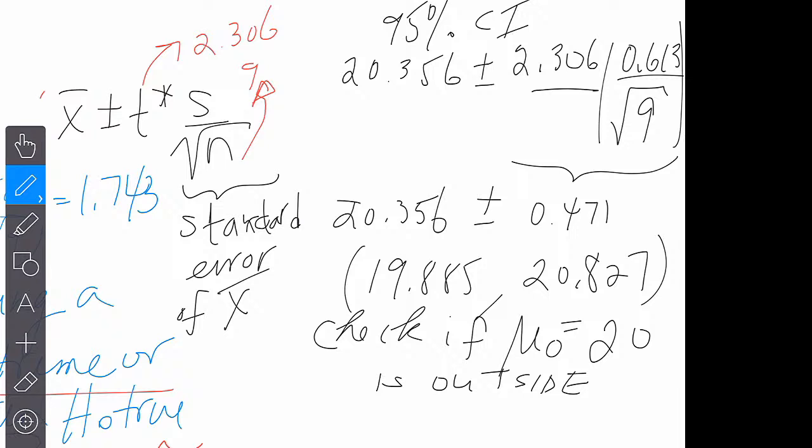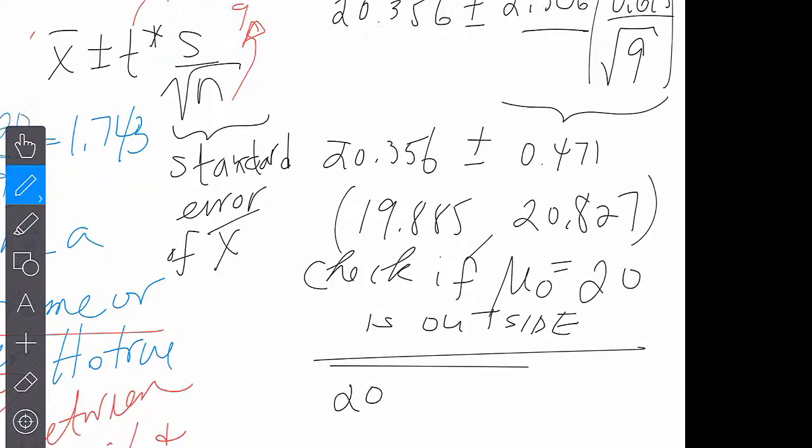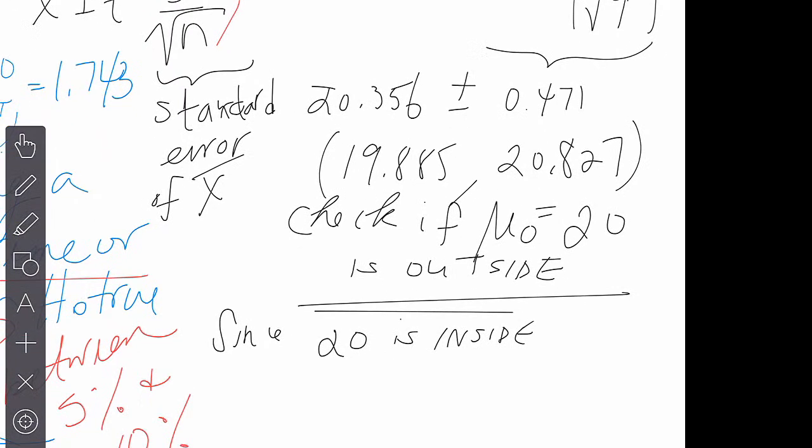So since 20 is inside, it means that 20 is not different from the values in the interval.